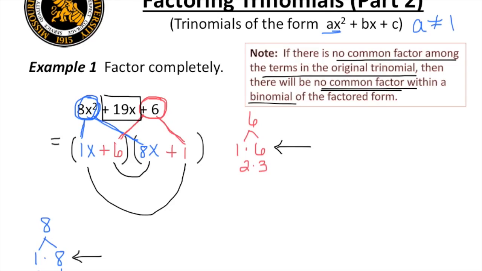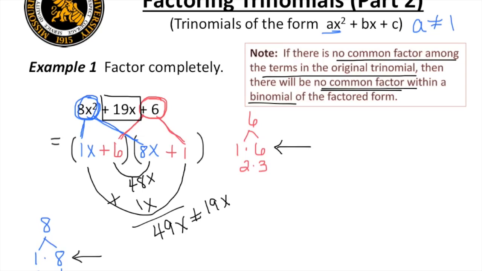So let's check it out. The inner product, 6 times 8x, is 48x. Add that to the outer product, which is 1x times 1, or just 1x. If we add those together, we get 49x, which does not equal the 19x that we need it to be.